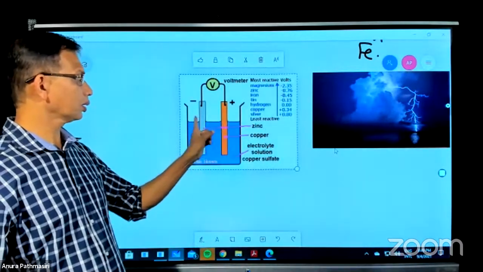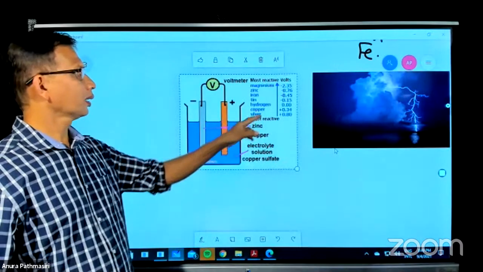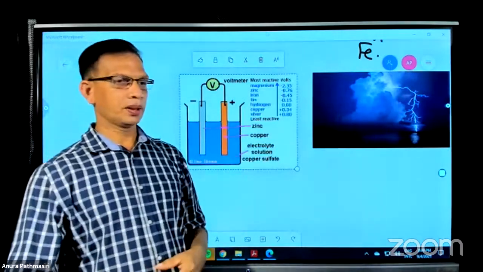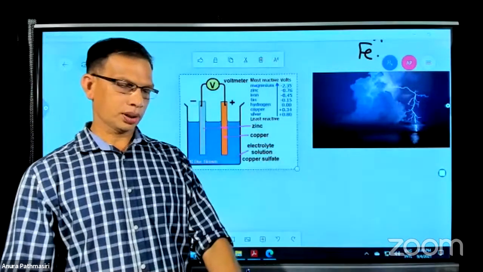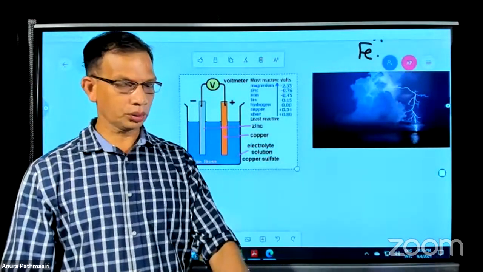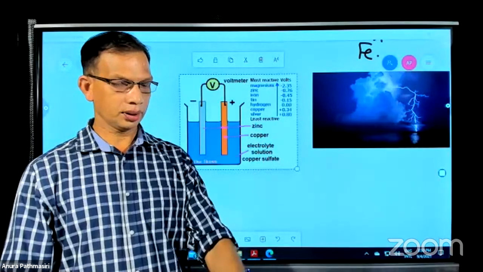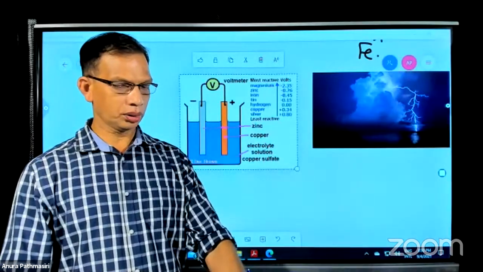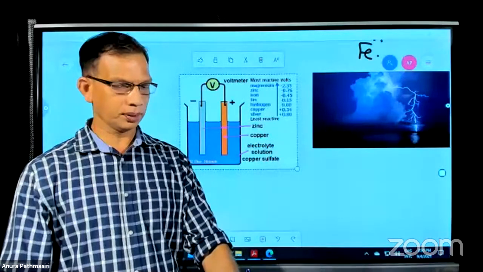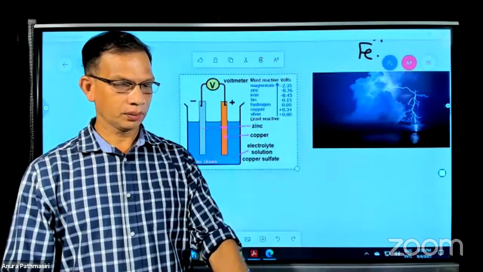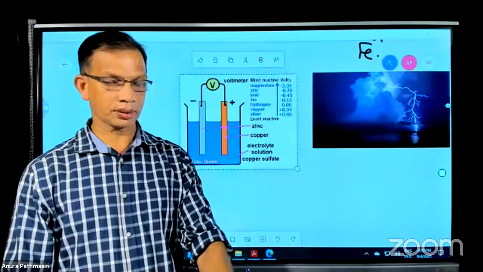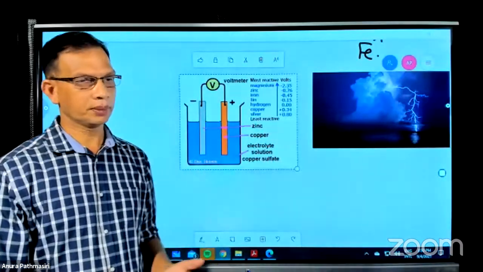There you can use zinc and copper plates, and then the other one is the physical process, or rather we call it electromagnetic induction. Electromagnetic induction can be used to generate electricity, which I refer to as a physical method.